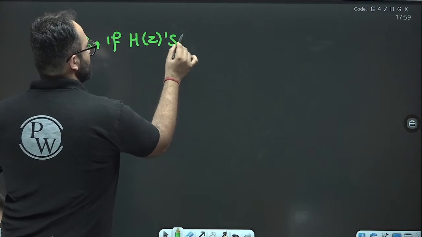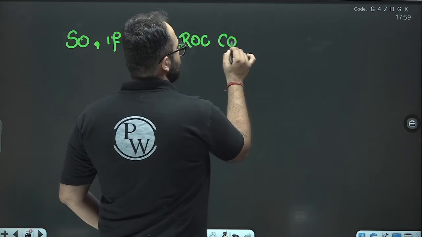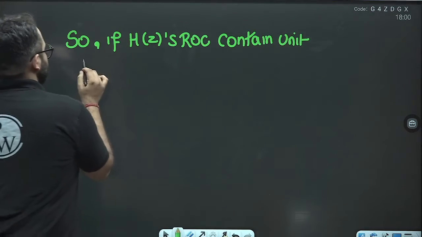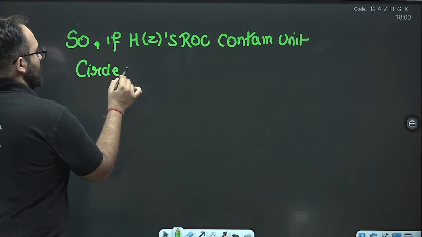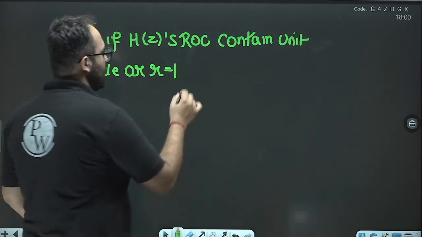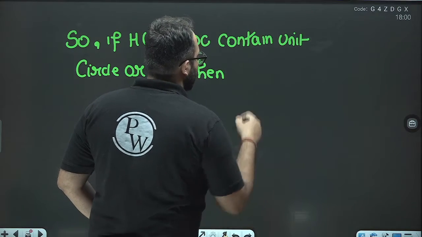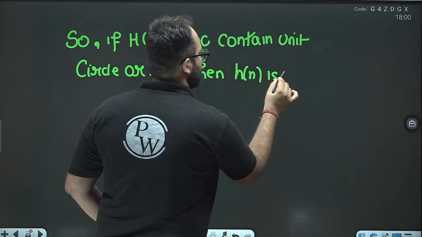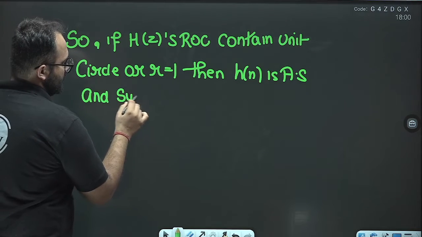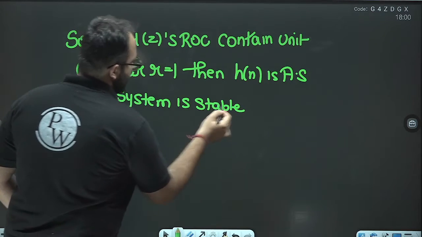If H(z)'s ROC contains the unit circle, or R equal to 1, then h(n) is absolutely summable and the system is stable.